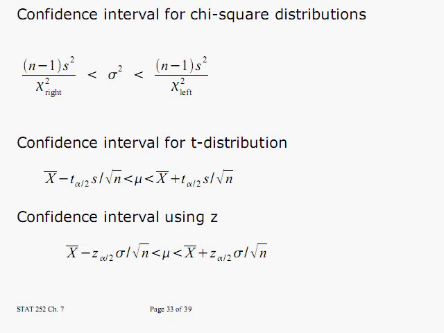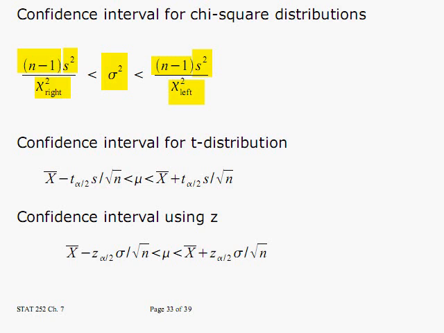Now remember that for these chi-square distributions we're looking at variance, so we want to find out the variance for the population. Right. S squared would be the variance for that sample that we measured. N minus 1, N is the size of the sample, so everything's fine up to here. But now you're going to divide by chi-squared for the right and chi-squared for the left.